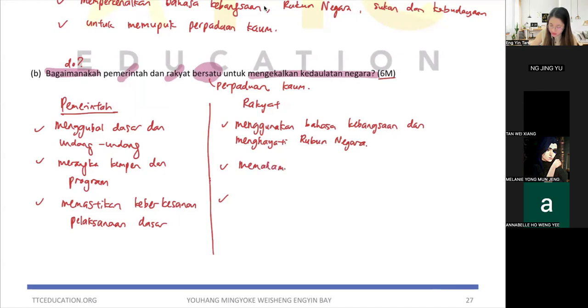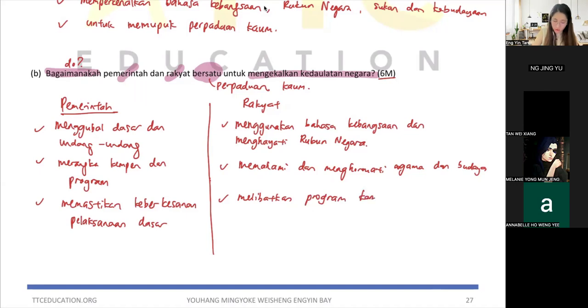Understand each other as a citizen. We need to memahami dan menghormati. Understand each other's religion and culture. Next one. What can you say? You can say that involve yourself in the activity lah, the program lah. Contribute back ma.